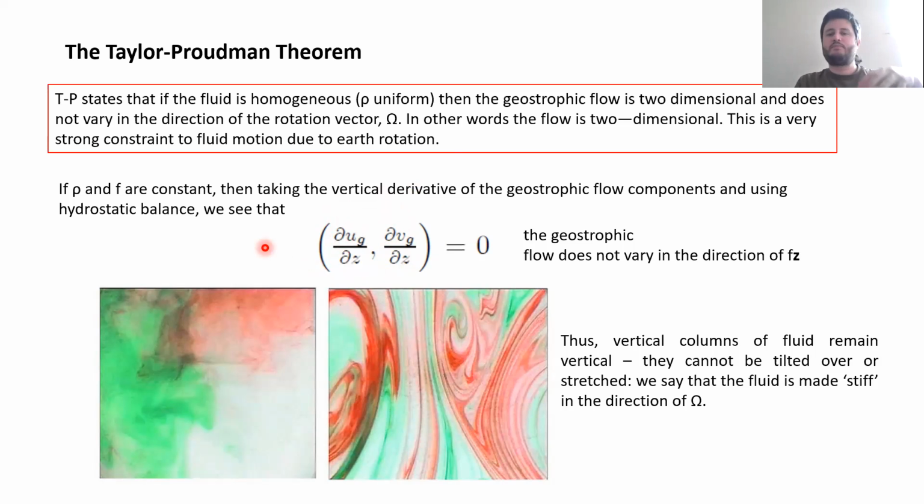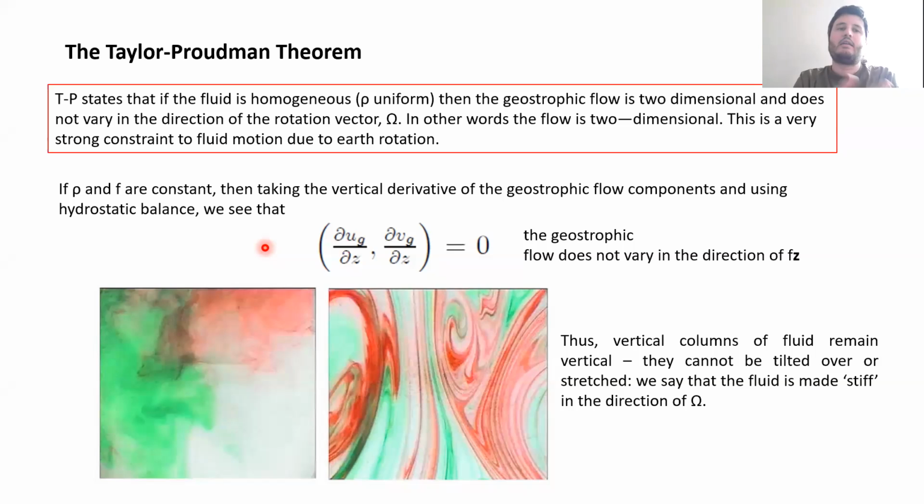So what it shows is that if we have a column of fluid, there is no shear. The geostrophic velocity at the bottom of our column is going to be the same as the horizontal velocity at the top of our column. So the fluid will move in a coherent way.